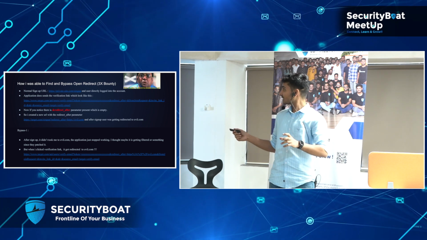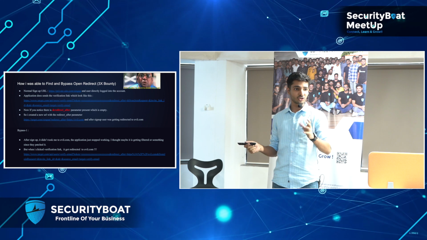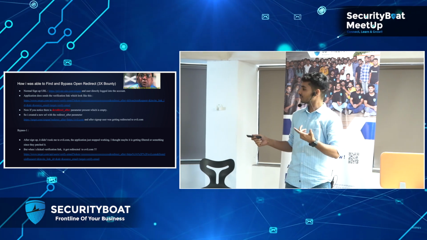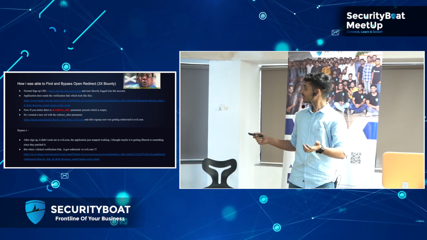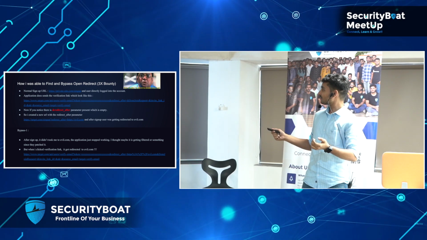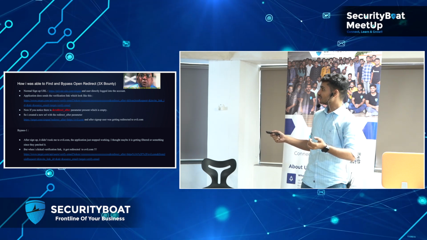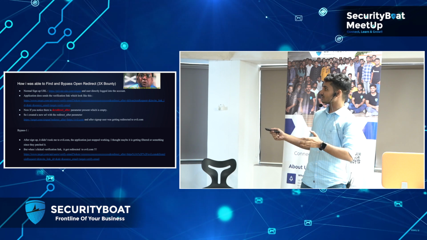What it means is, if you have a sign up page, normally the application asks for the username, the email ID and the password, right? But during sign up, these parameters were getting added in the request. Not in the request, in the response, sorry, in this link.